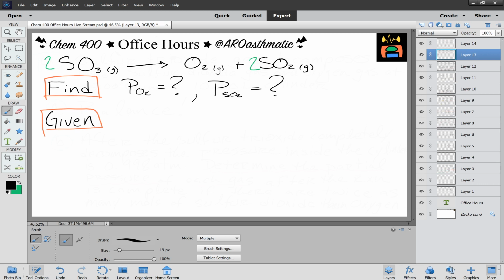We're told that this reaction happens, that sulfur trioxide decomposes at a temperature of 25.00 degrees Celsius. So that's one piece of information. We're also told the volume of the cylinder in which this reaction happens is 10 liters. So those are 2 given pieces of information.